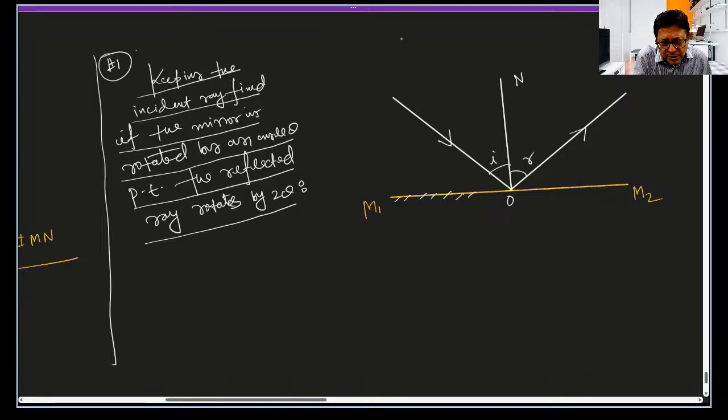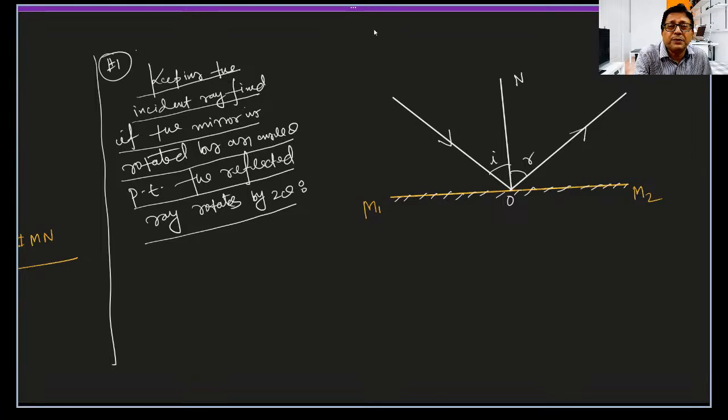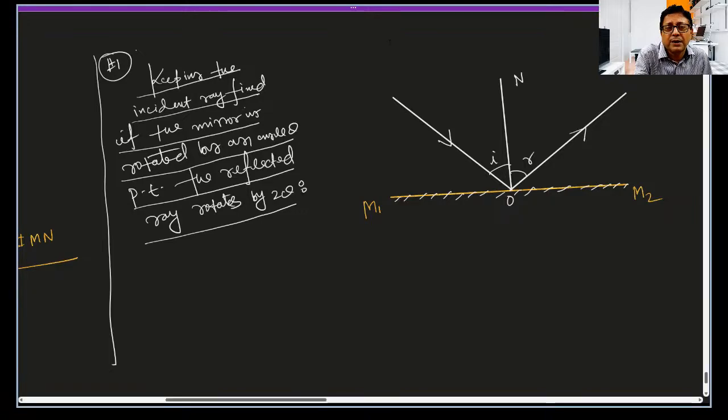You can solve it yourselves. I'll give you 1 minute time for that. But let me explain what is happening there. The mirror we are going to rotate. Mirror will be rotated. Mirror is this position now, and we have kept the incident ray fixed.